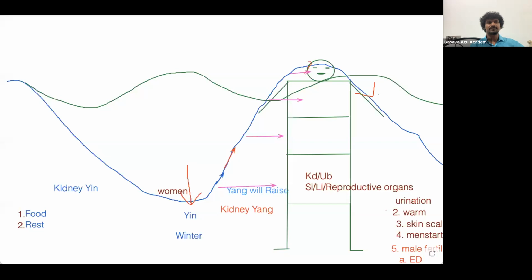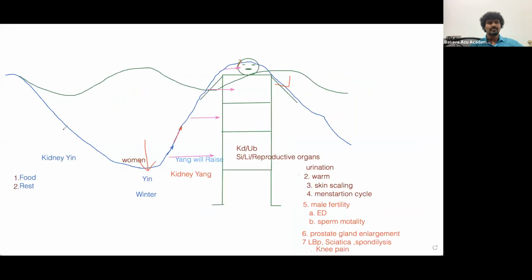So, which is the best point to raise the yin? Very good question. To raise the yin, you can press K10 20 times because it's a very strong point.